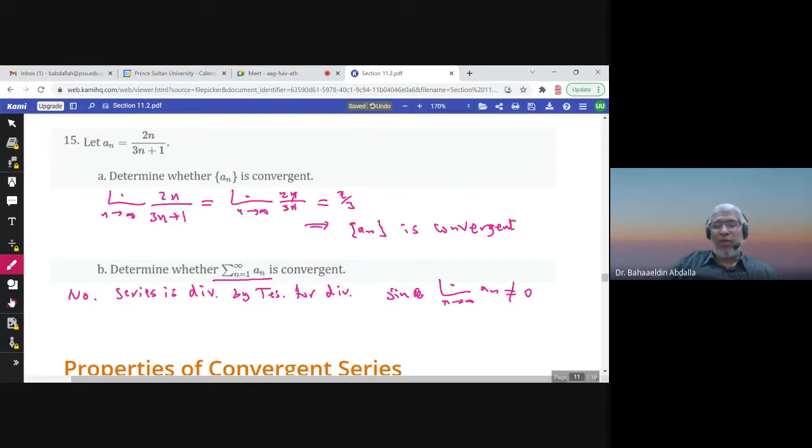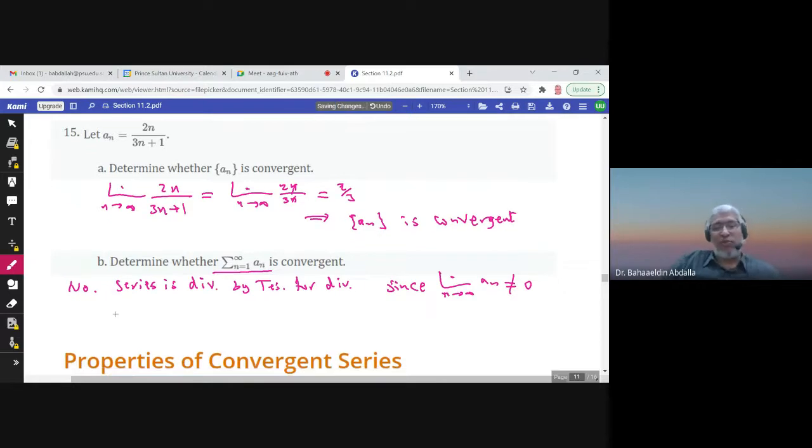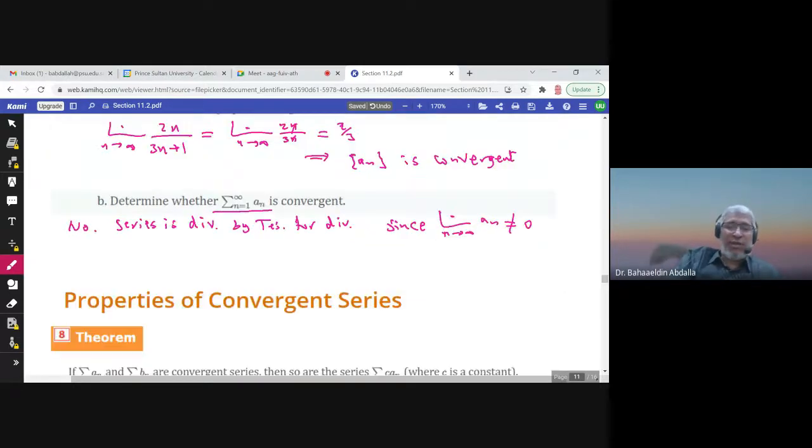So by the test for divergence, this series is divergent. So pay attention to the difference between series and sequence.